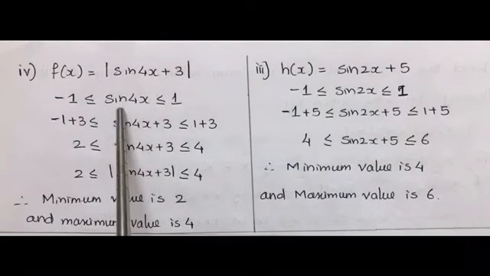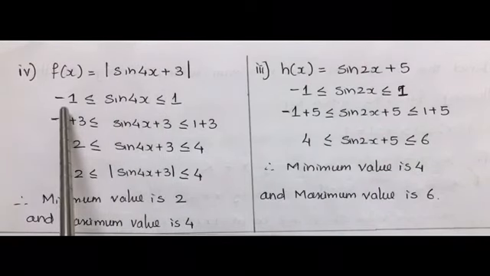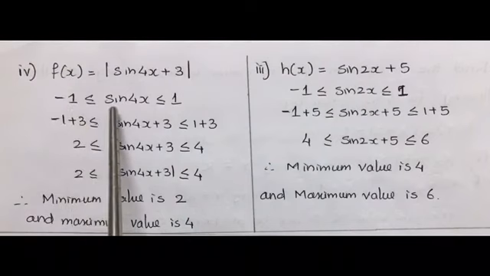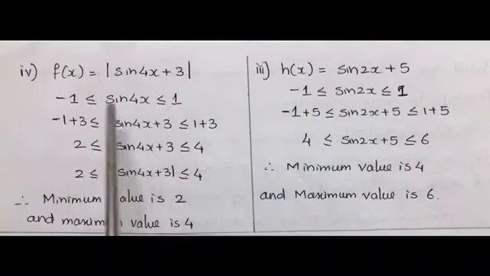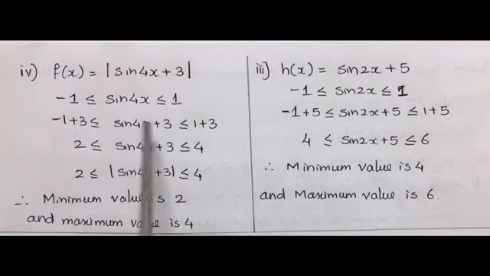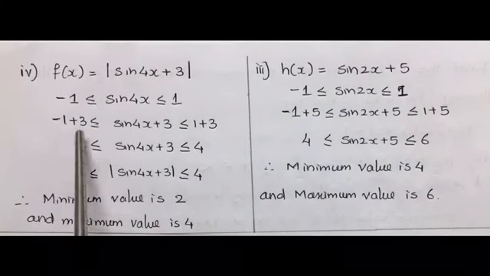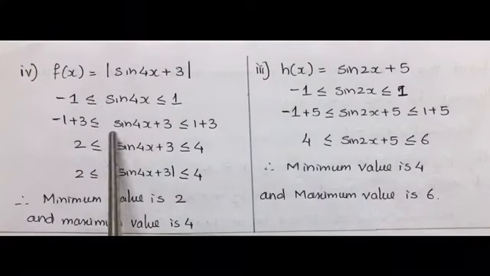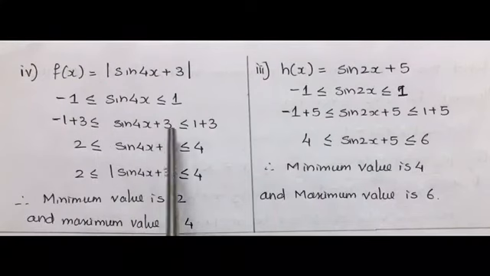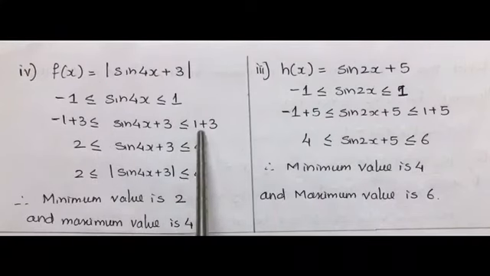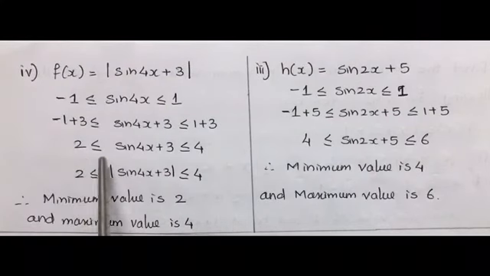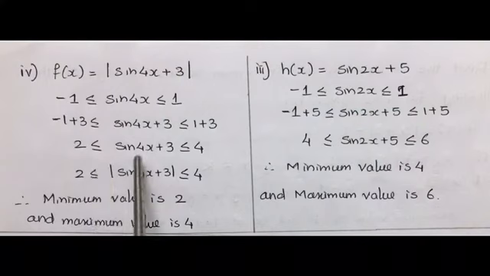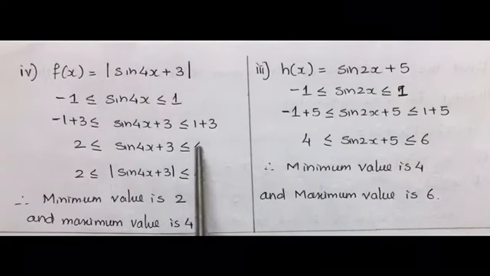Again taking up the range of sine as -1 less than or equal to sine 4x less than or equal to 1, adding 3, so -1 plus 3 less than or equal to sine 4x plus 3 less than or equal to 1 plus 3. -1 plus 3 gives the value 2, that is less than or equal to sine 4x plus 3 and less than or equal to 4.